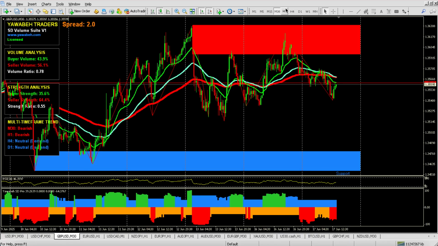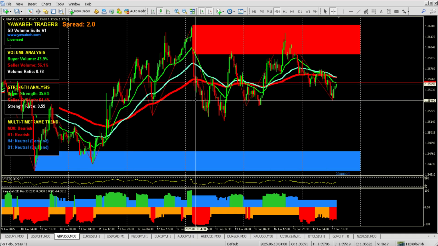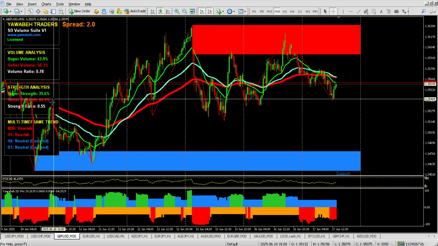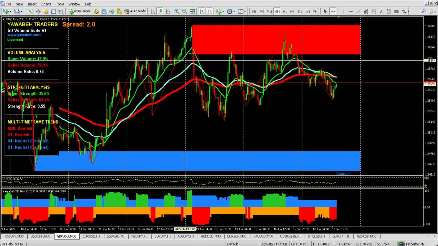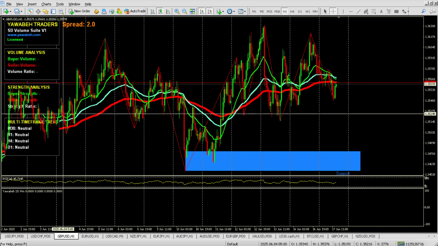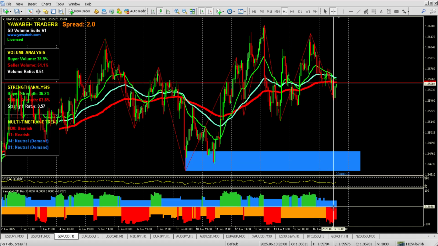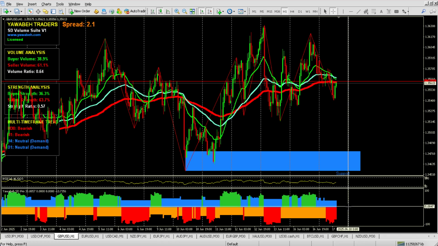If we look at the M30 time frame, the technical indicators are favoring a short position. The seller strength is 64% and the seller volume is 56% on M30, and on H1 the seller strength is 63% and the seller volume is 61%. In the histogram we can confirm that the sellers are controlling the market.